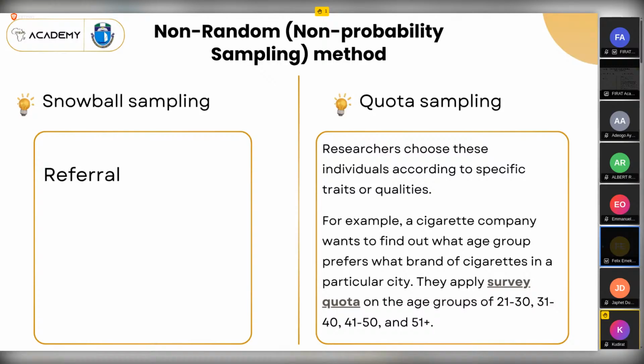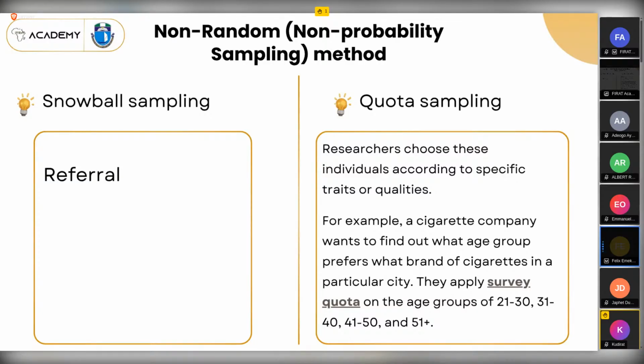So that's snowballing. Now, quota sampling is based on a particular group, based on the qualities or the traits or the characteristics. All right. A good example I gave here is like a cigarette company wants to find out what age group prefers what brand of cigarette in a particular city.